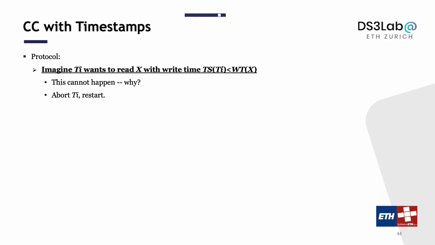So when I'm trying to read from X, that cannot happen. It's going to break my serial schedule, right? I'm going to abort TI.